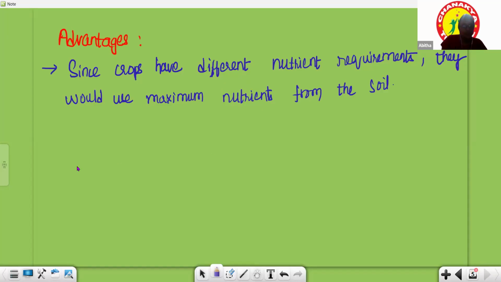So this is the first advantage we can write. And disease is also not easily spread to all crops.